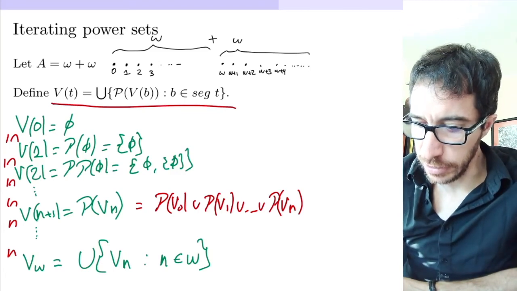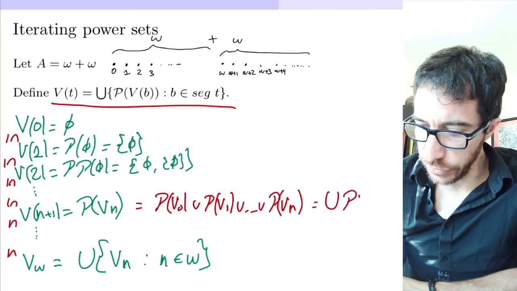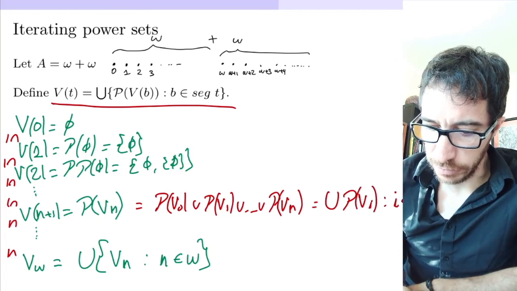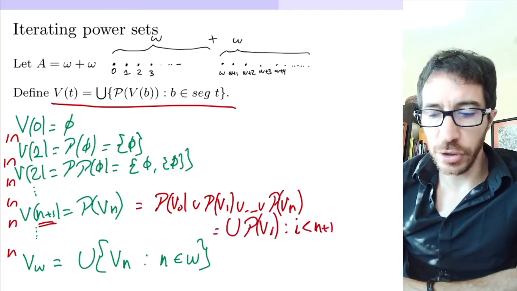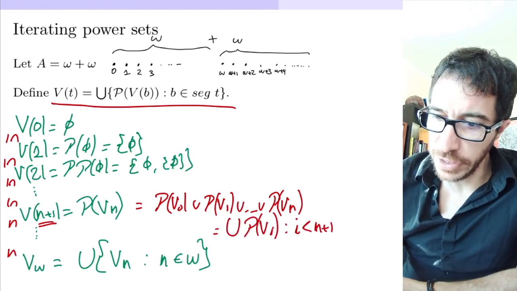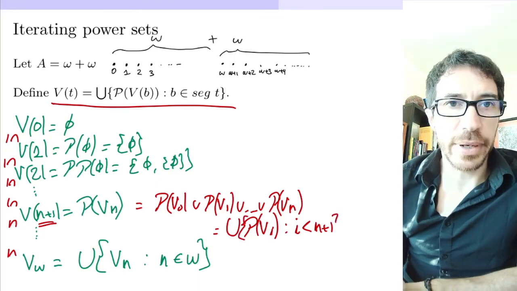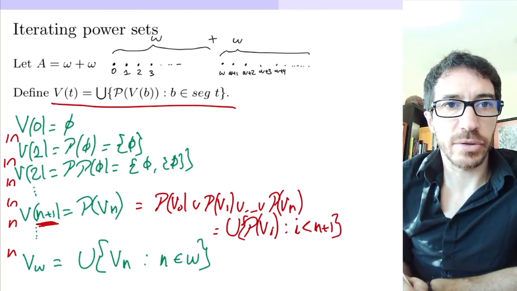So this is exactly the union of the power set of Vi for i less than n plus 1, which is exactly what we are defining right here.